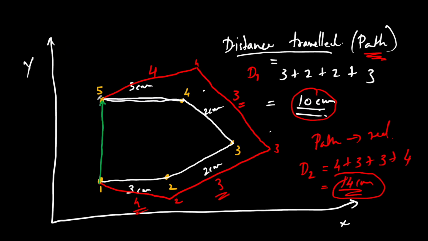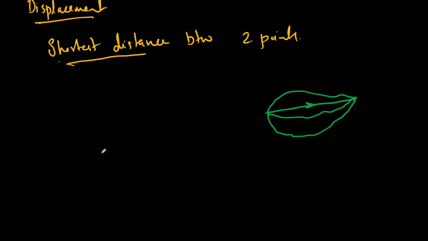Here this green line is a straight line, the shortest distance connecting 1 and 5, so this must be the displacement. This might be, say, 3 centimeters. Then displacement between 1 and 5 is 3 centimeters.